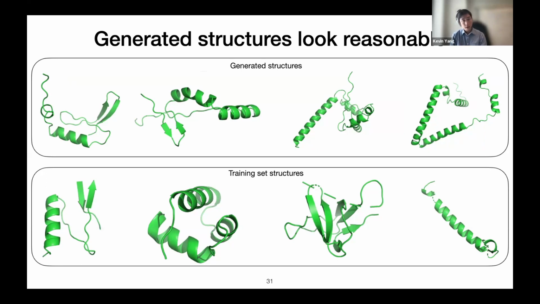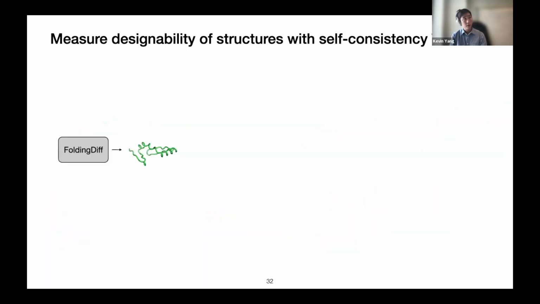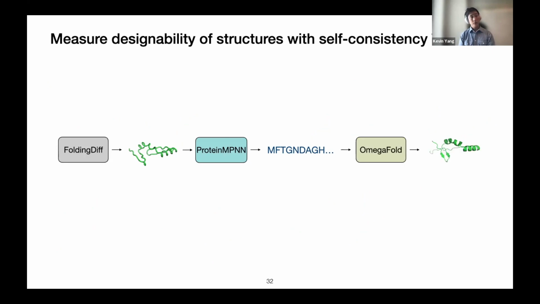To quantify how reasonable these structures are, we use something called designability. That's measured by a self-consistency TM score, which I think was first described by Brian Trippe in his backbone diffusion paper. So the idea here is to generate a structure from FoldingDiff. You run it through a protein design model, so just ProteinMPNN, which predicts the amino acid chain, the residues.